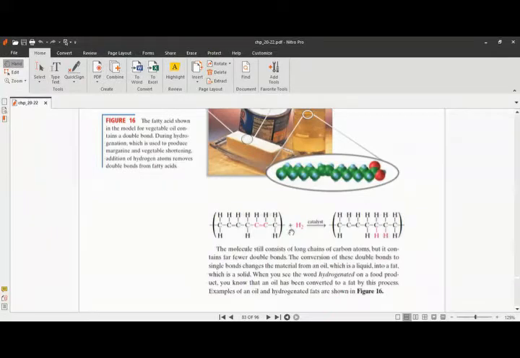By adding a hydrogen molecule, the bond is released, and two hydrogen atoms are connected to the carbon atoms. So you liberated the double bond and added the two hydrogen atoms instead. This process is called hydrogenation, which means you add hydrogen atoms in place of the double bond in this molecule.